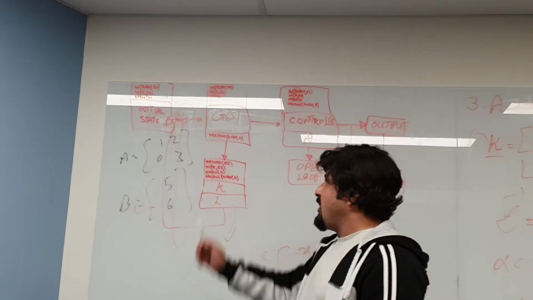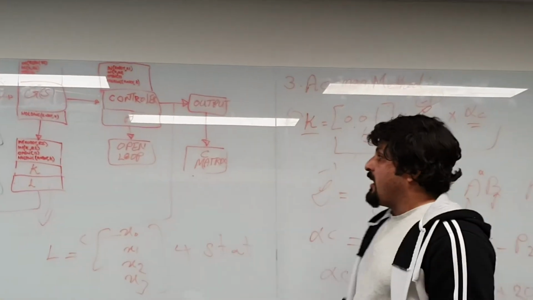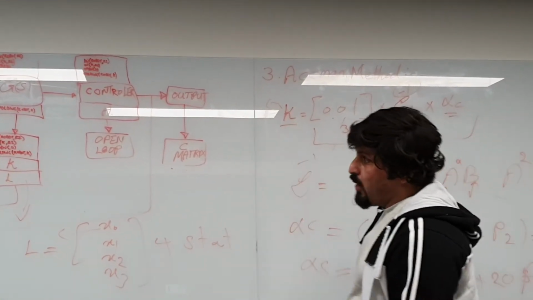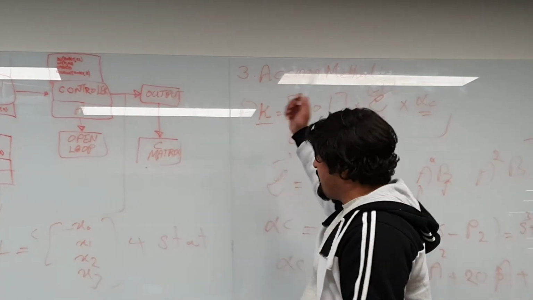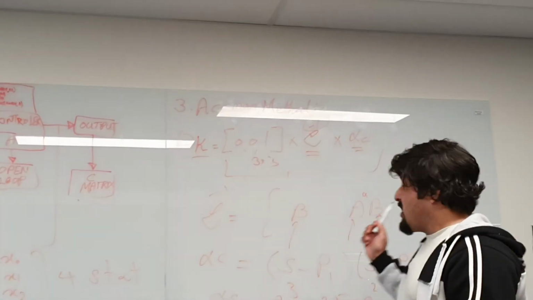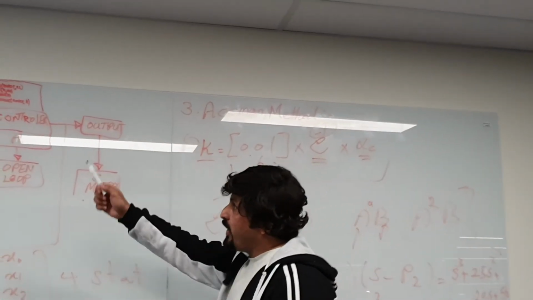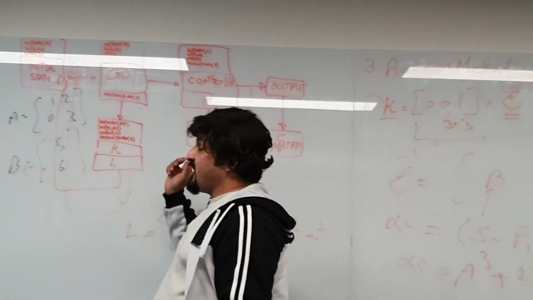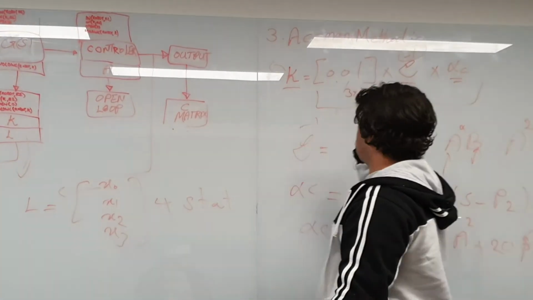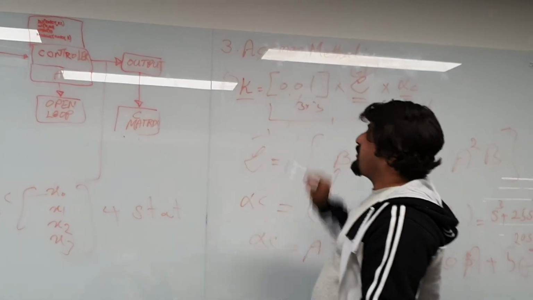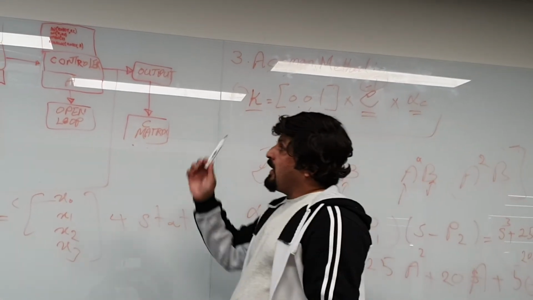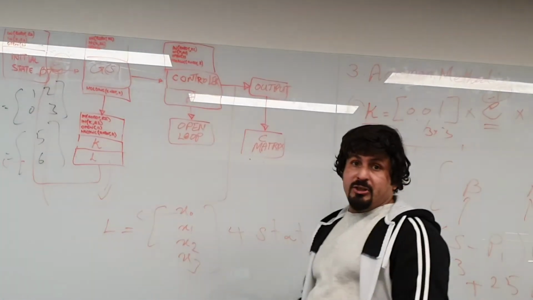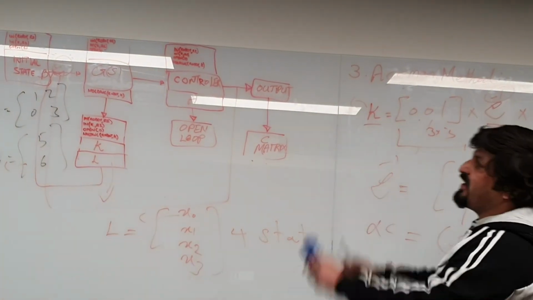And when we get the same result, this is for our proof. The other methods we can't compare with our transfer function. That's why we're using the Ackermann method to compare our system with our transfer function.